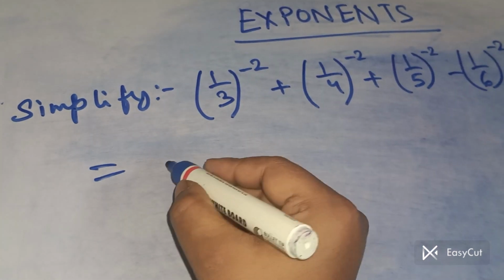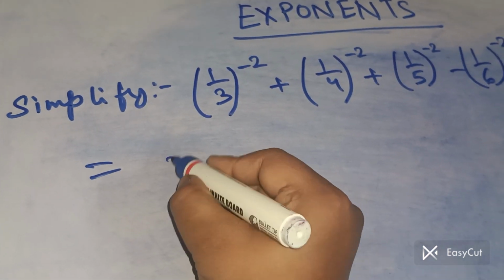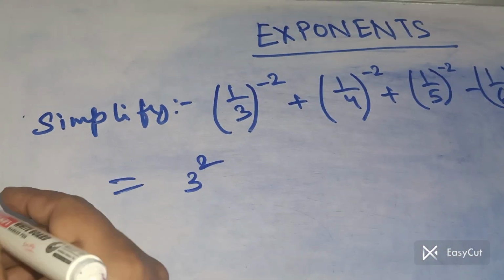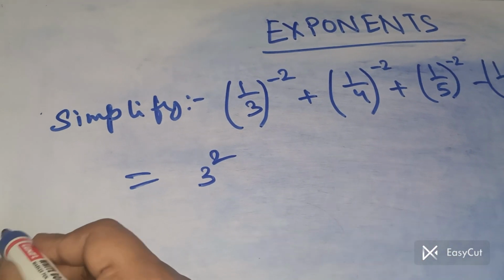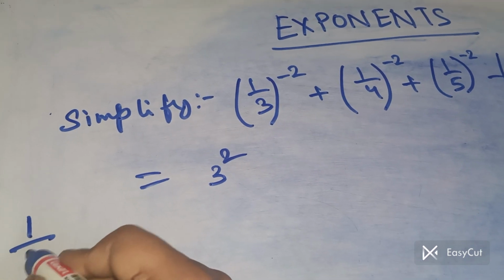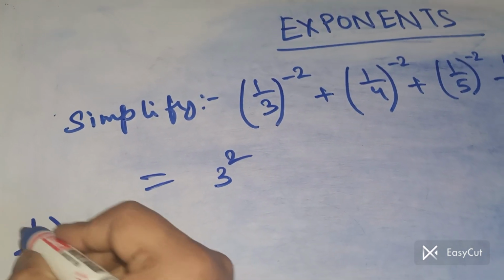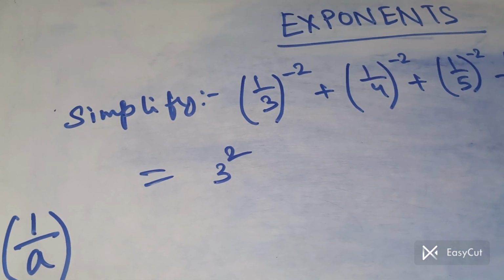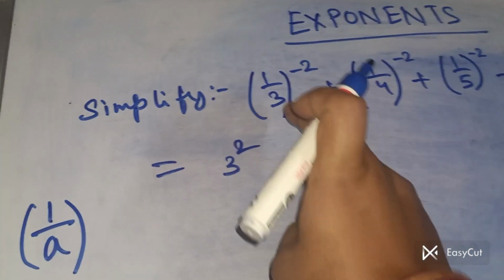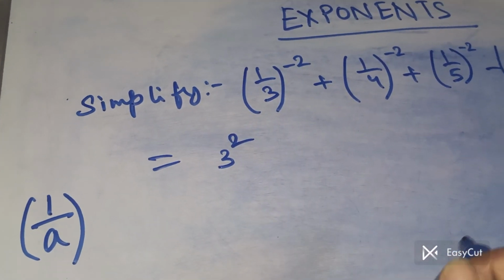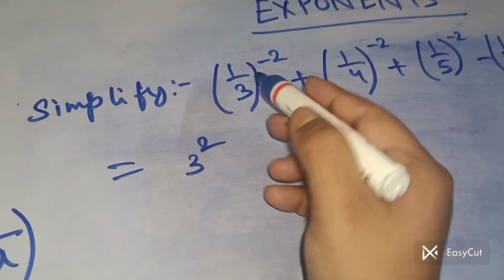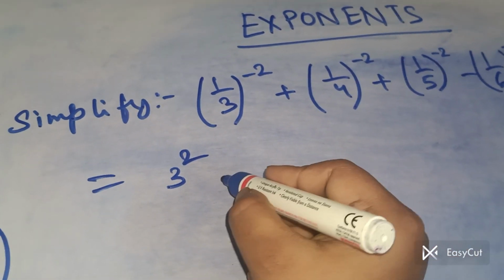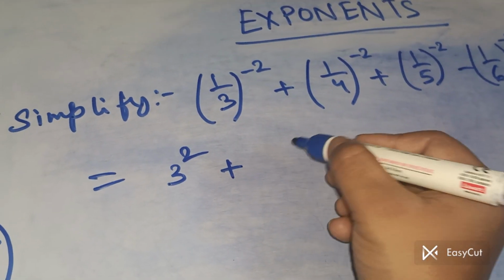We can write it as 3 to the power 2, because we know that 1 by a, whatever it is, the power becomes negative, and since here it was negative, it will become positive. So 1 by 3 to the power minus 2 means 3 to the power 2, it becomes positive.